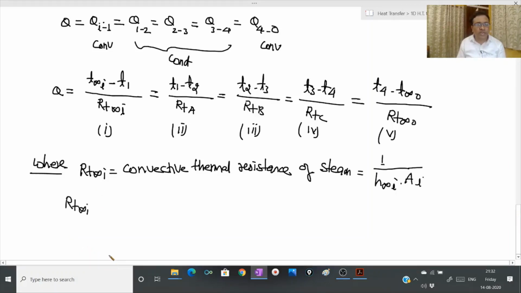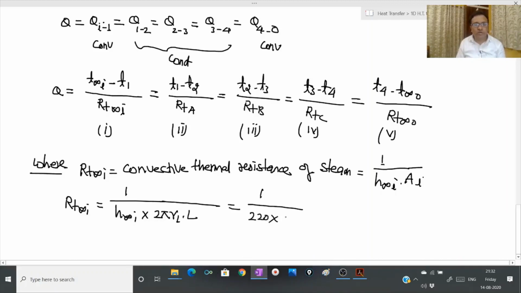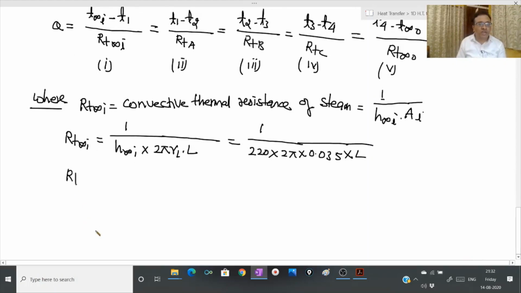So RT infinity I is 1 over h infinity I into the area of the cylinder, whose surface area is 2 pi R1 L, equal to, let us put the values, 20 into pi, and its inner radius is 0.035, and the length of the cylinder is L. So it comes out RT infinity I is equal to 4.134 into 10 to the power minus 4 degrees Celsius per watt.